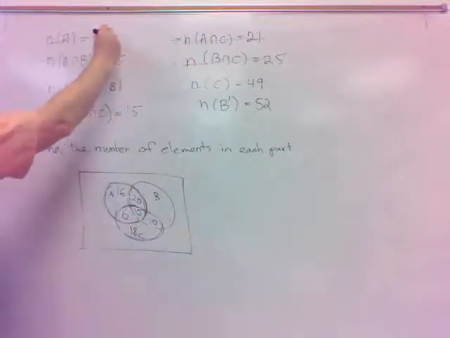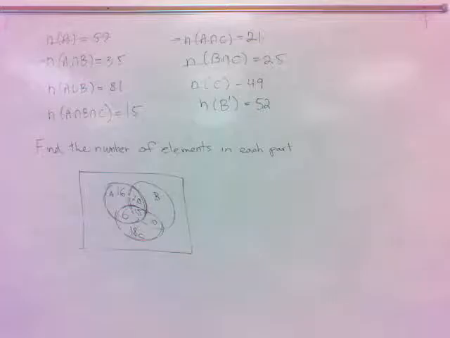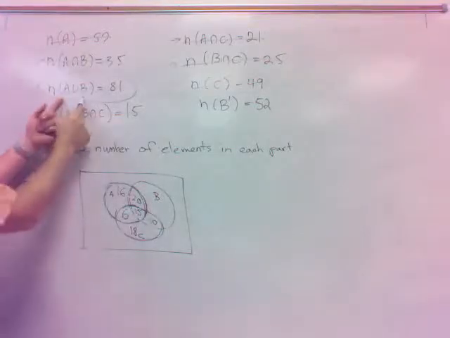Well, we are almost done. Notice we still got this part and then the outside part. Well, let's see what we can do with this. The number in A union B is 81. Union is everything in this set combined with everything in this set.